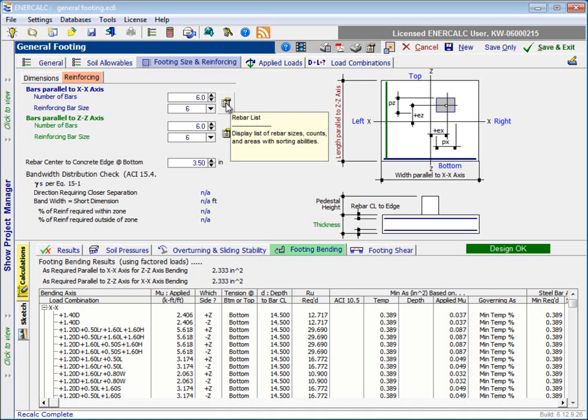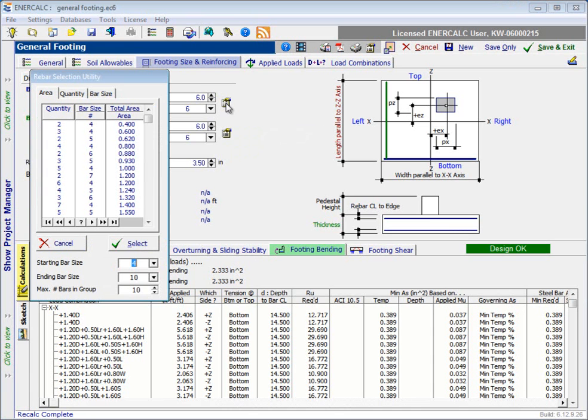So what we could do is use these rebar lists, and we could say that we don't want to use anything less than a number 5, and we don't want to use anything greater than, say, a number 8, and for a 6 by 6 footing we don't really want to use anything more than about, say, 6 bars. So we could scroll down through this list and look for some combination of bars that would provide 2.33 square inches.